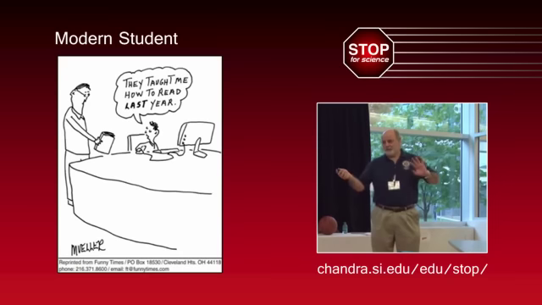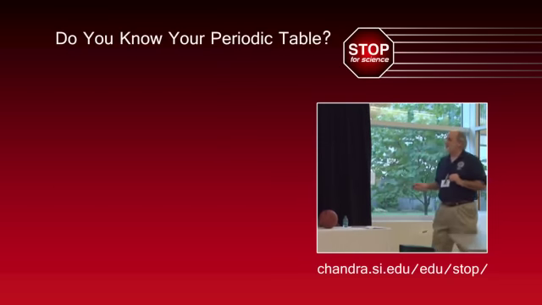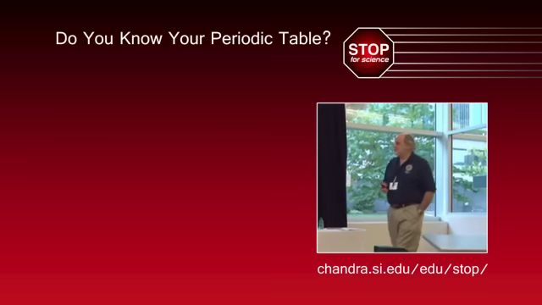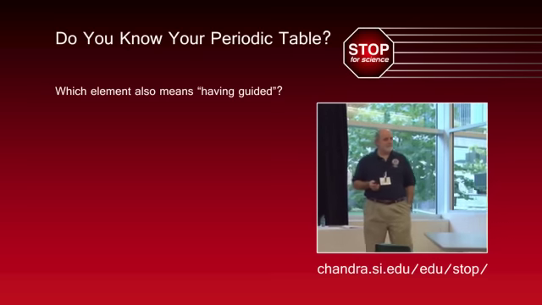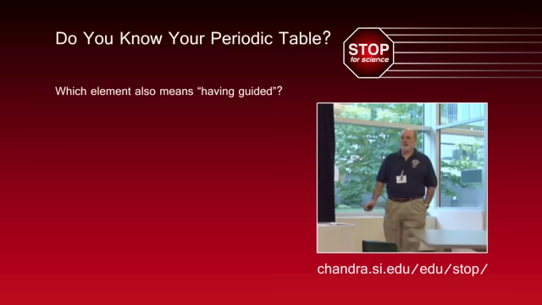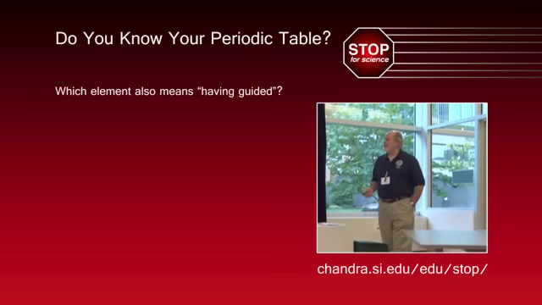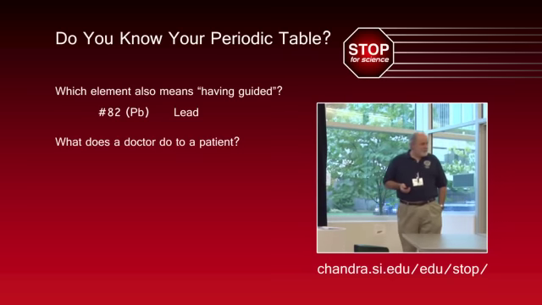This is a science group. So we're going to start off with a test. We're ready? Periodic table of elements. Which element also means having guided? It's a Saturday morning. It's hard to figure it out. I'll give you the first one. Lead. What does a doctor do to a patient?